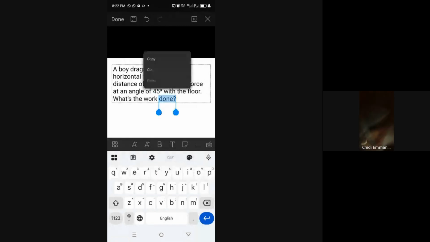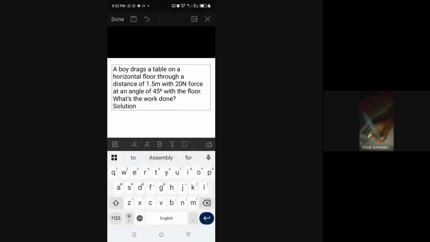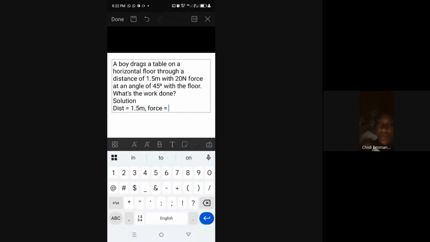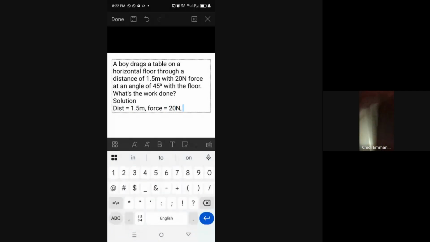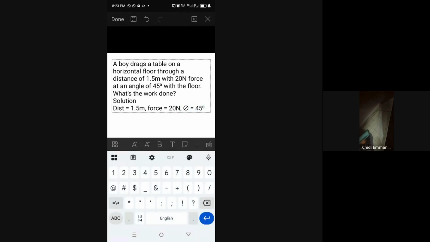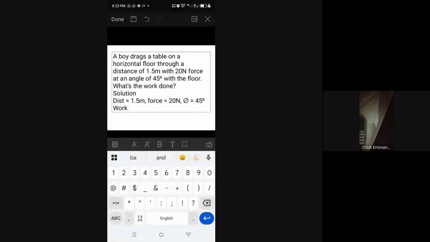Just get your values down. Distance is equal to 1.5 meters. Force is equal to 20 Newton. Angle theta is equal to 45 degrees. The question is asking for work done.